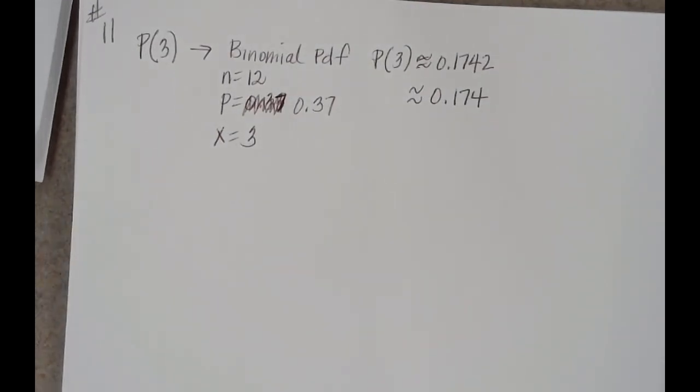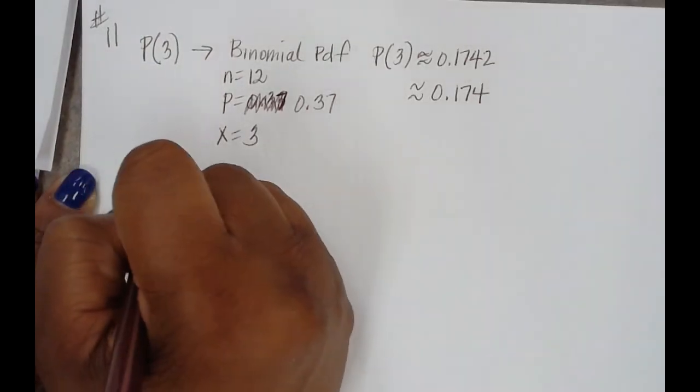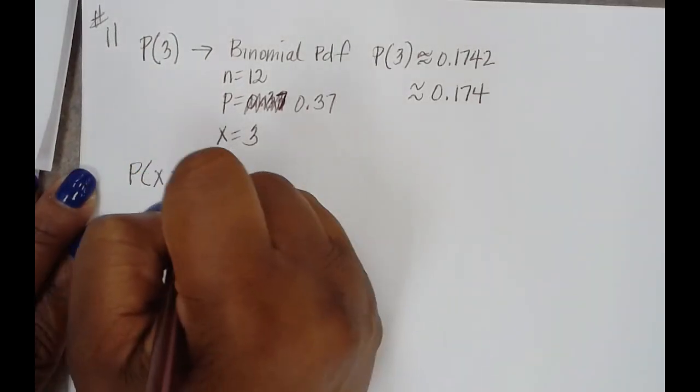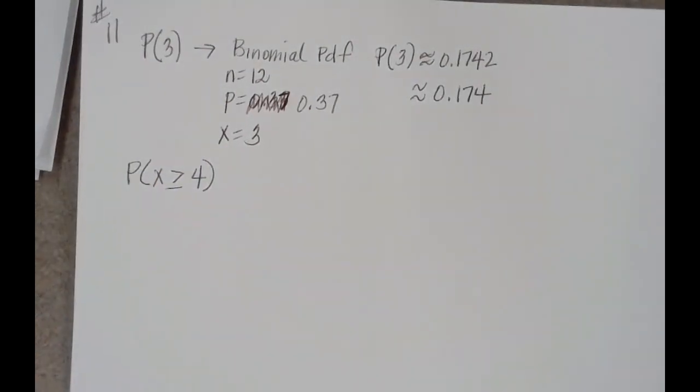All right. So now let's look at the probability that x is greater than 4. I'm going to think through what are those values that x is greater than 4.